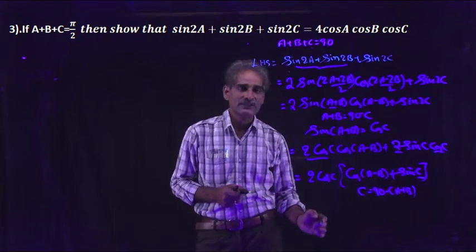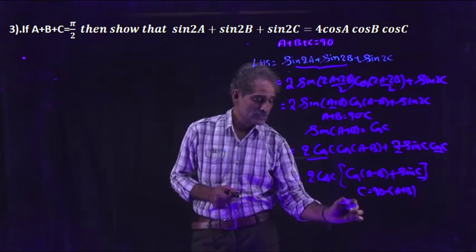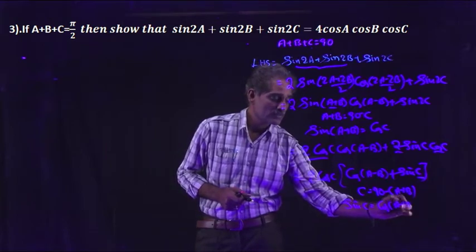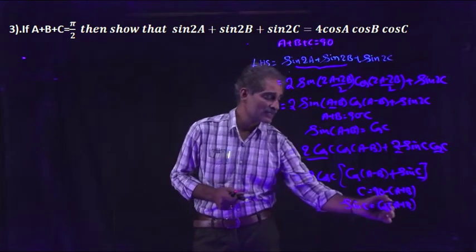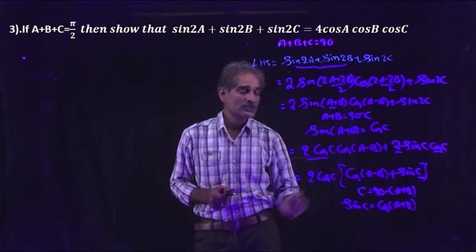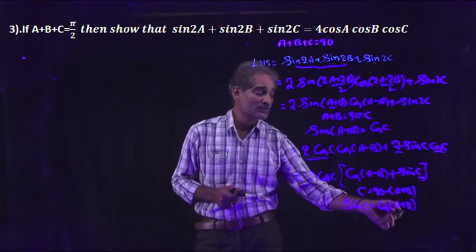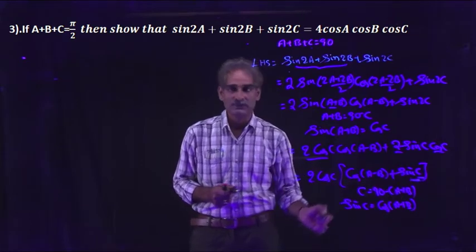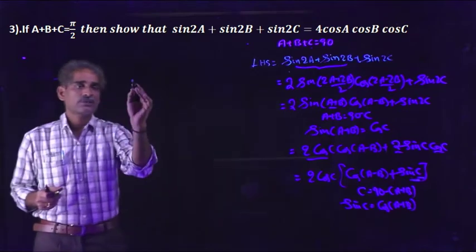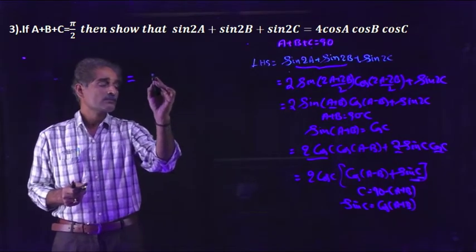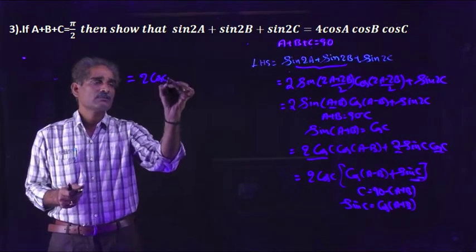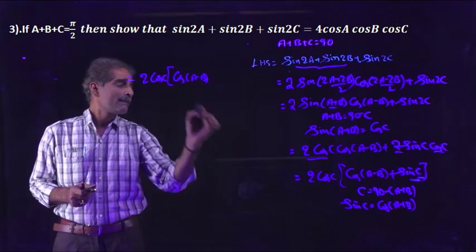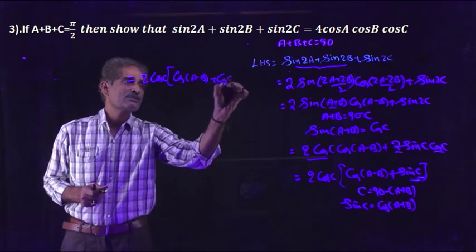We want to find the sin c value. Apply sin on both sides: sin c is equal to cos(a plus b), because sin(90 minus (a plus b)) equals cos(a plus b). Replace sin c by cos(a plus b). Then the LHS is equal to 2 cos c into [cos(a minus b) plus cos(a plus b)].